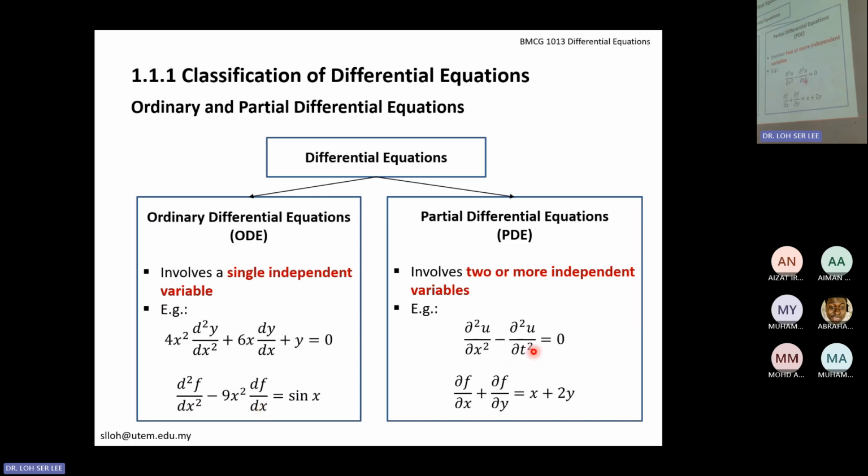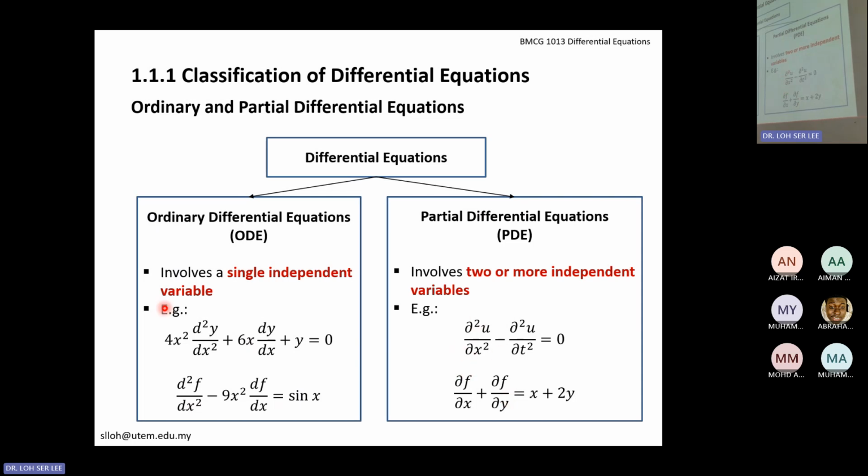If you look at this example, here we have x and also t. This is more than one. When you have two or more independent variables, then this is called a partial differential equation. That's the difference between ordinary and PDE. Here, x and t is more than one, and x and y too.